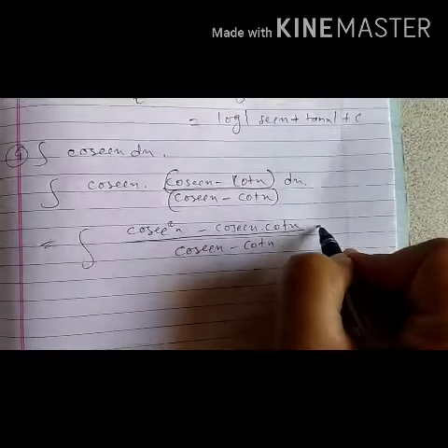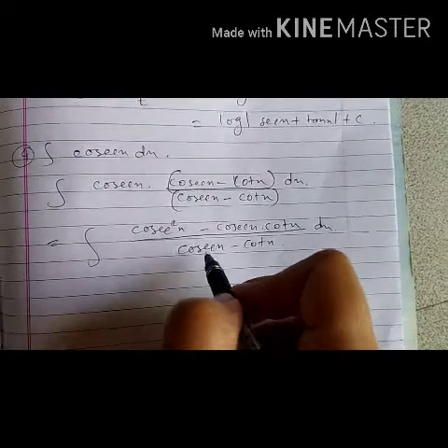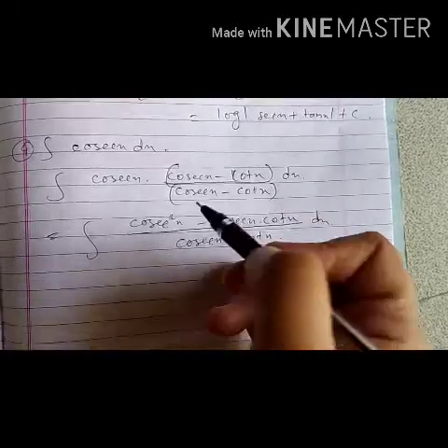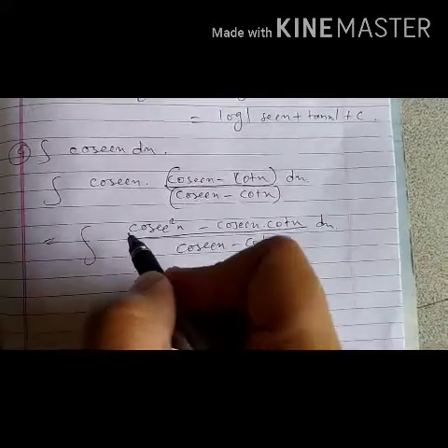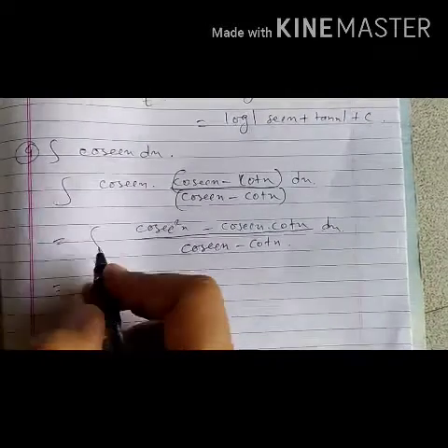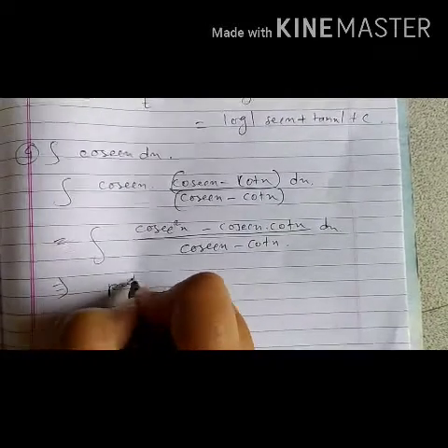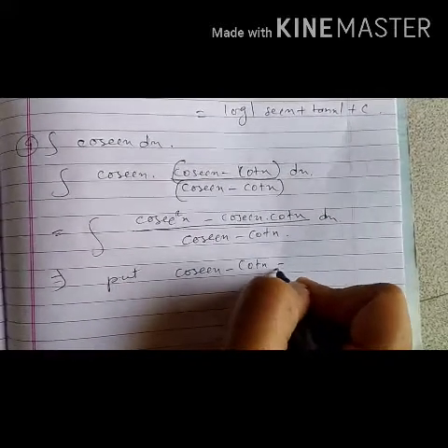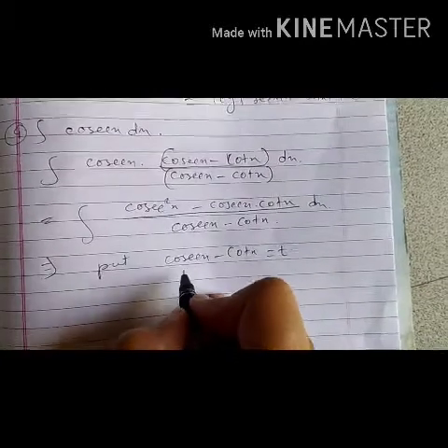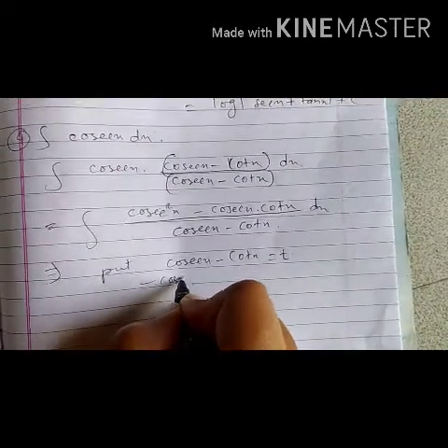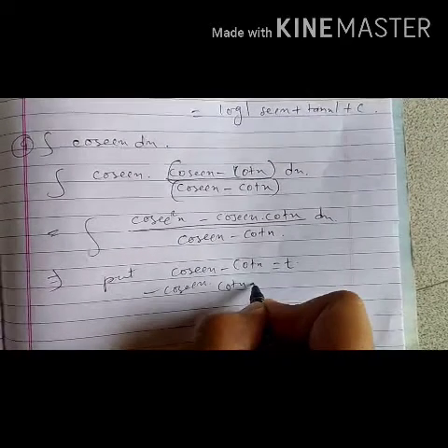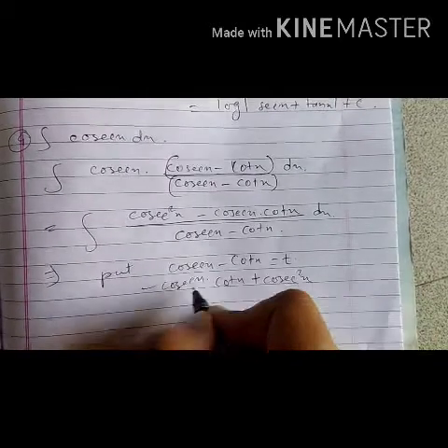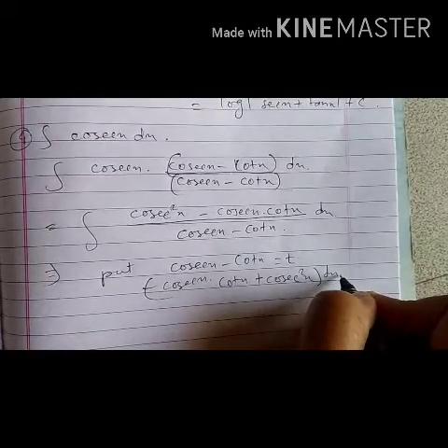Now students, see here, derivative of cosec x is minus cosec x cot x, and derivative of cot x is minus cosec square x, so derivative of minus cot x is cosec square x. Now here we'll put cosec x minus cot x equals to t. So we get minus cosec x cot x plus cosec square x dx equals to dt.